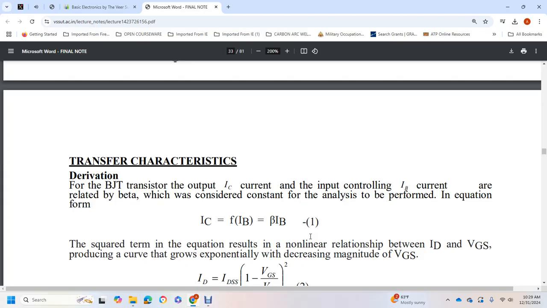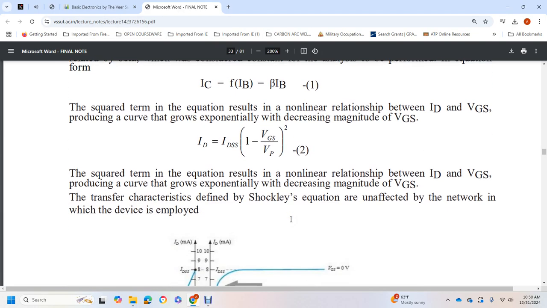So the drain current ID equals IDSS times (1 minus VGS over VP) squared, a nonlinear relation between ID and VGS, producing a curve of exponentially decreasing magnitude of VGS.